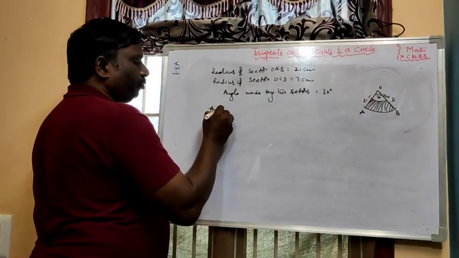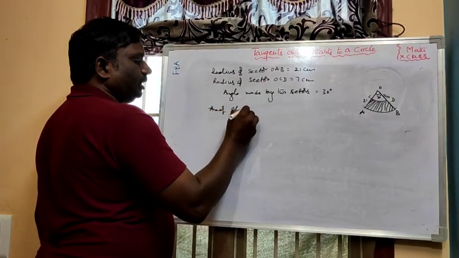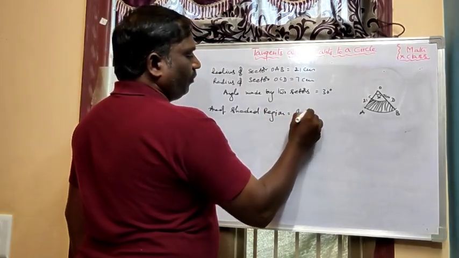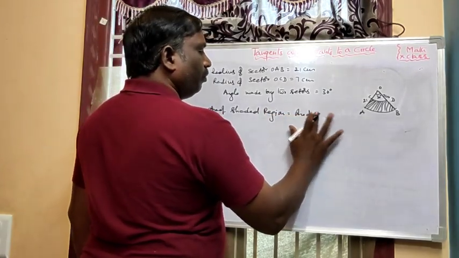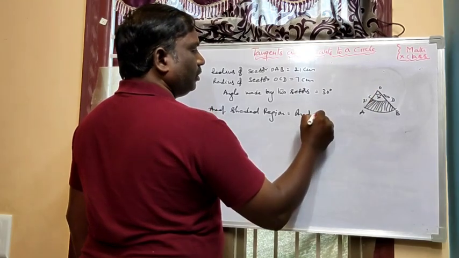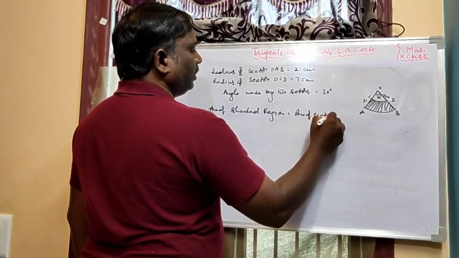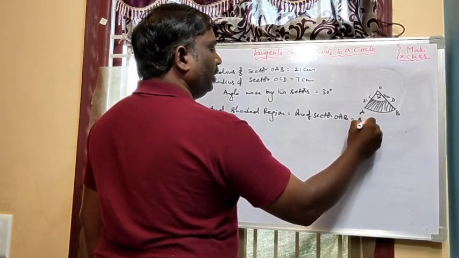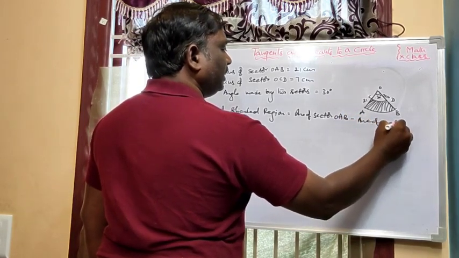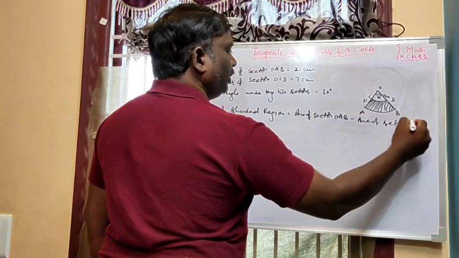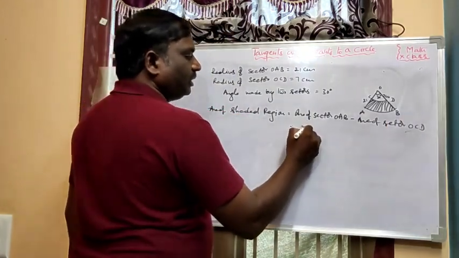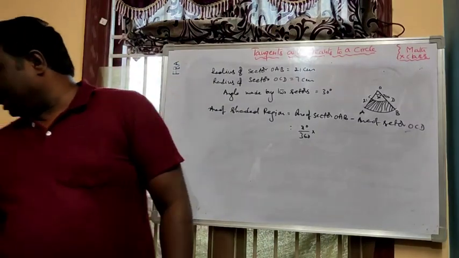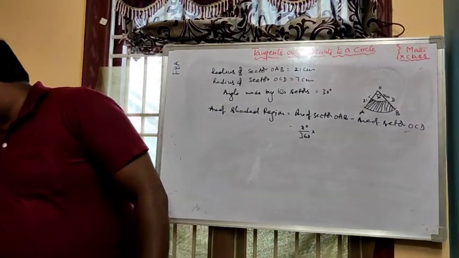So area of shaded region equal to area of bigger sector, that means sector OAB, minus area of sector OCD. Area of sector means x degrees by 360 into pi r square. From this question they are asking pi value as 22 by 7.